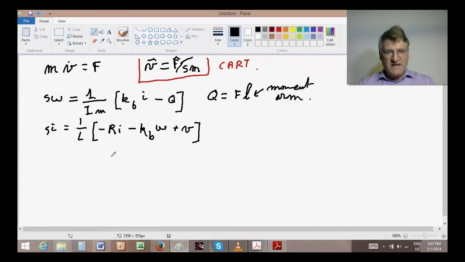To simplify things, let us put the intensity-related variables to the left.